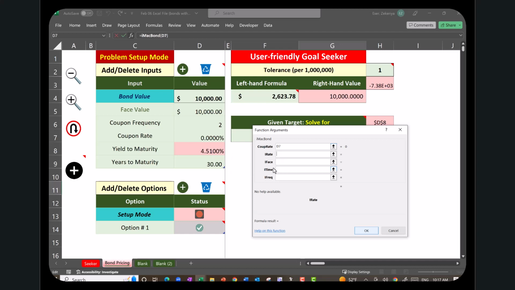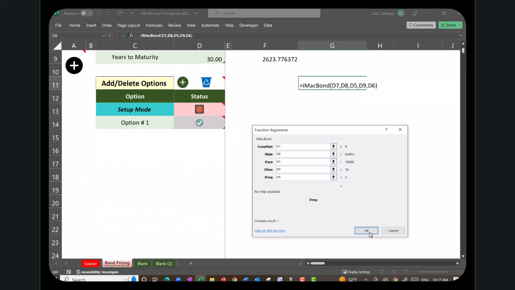We know that, we know how to check that quickly. iFace, rate, iTime, and iFrec. Do I have any other inputs?